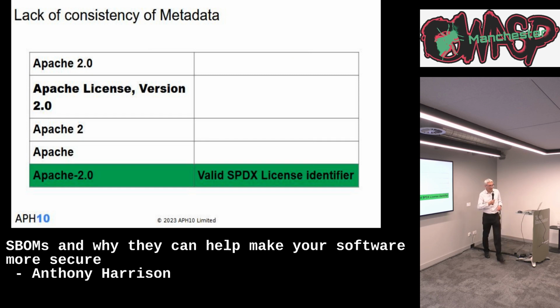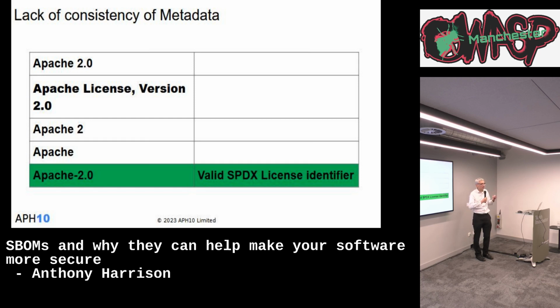And license naming. Most open source licenses have an identifier that should be used. It's defined by the SPDX community. That was why they started SBOMs in 2011, because they wanted consistency of licenses. So don't just say GPL, say GPL 3 or 3 plus.